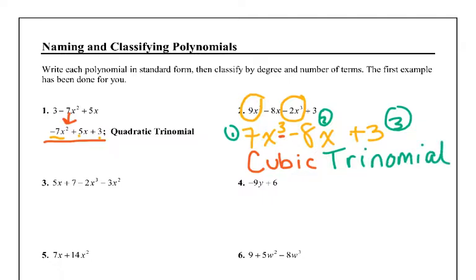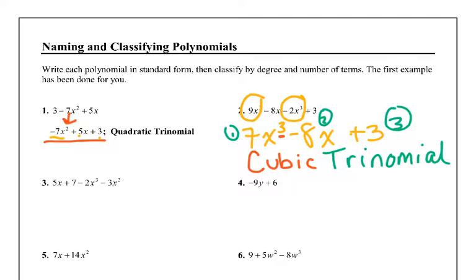So this polynomial of 9x cubed minus 8x minus 2x cubed plus 3, when written in standard form, is 7x cubed minus 8x plus 3. And then if I were to name and classify it, it would be considered a cubic trinomial. Okay, so it's really important to always make sure you rewrite it with combined terms and in standard form.